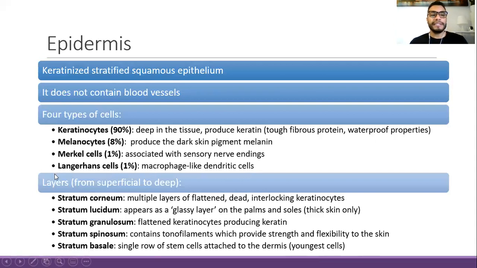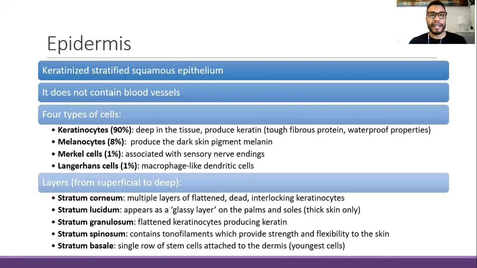The epidermis typically contains some layers. From superficial to deep, as you see here, we have the stratum corneum, lucidum, granulosum, spinosum, and basale.